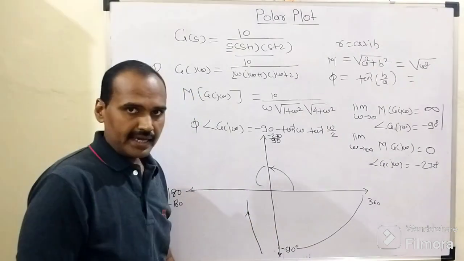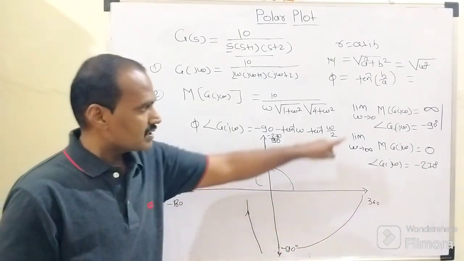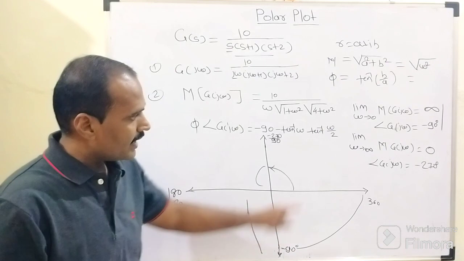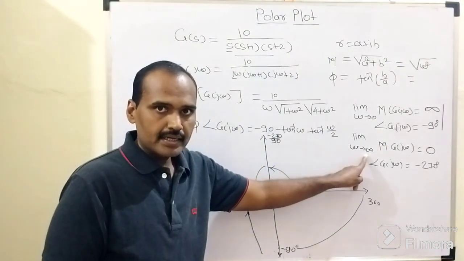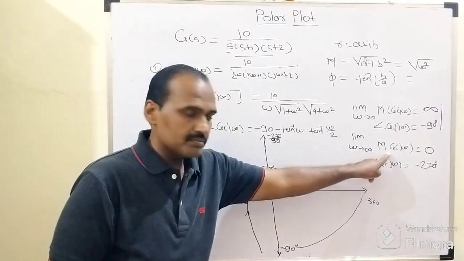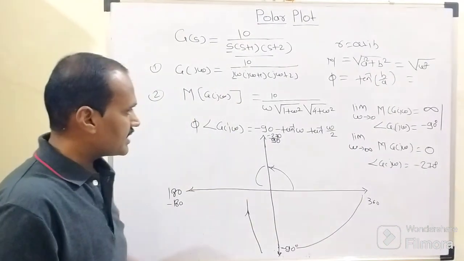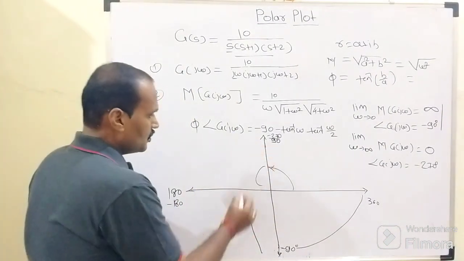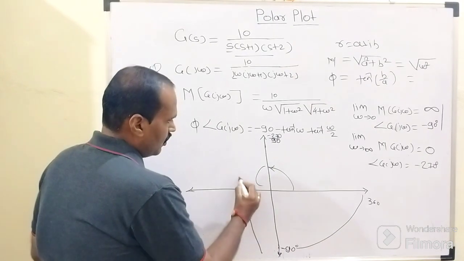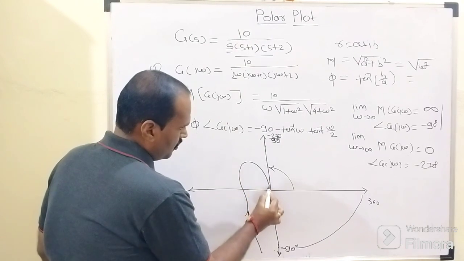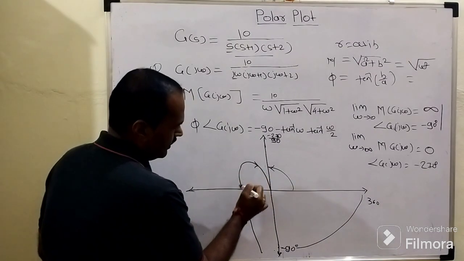So this will be the direction of the plot. When omega equals infinity, its magnitude will become 0, and at this moment the polar plot will try to touch the minus 270 degree line. So this is how your polar plot will look.